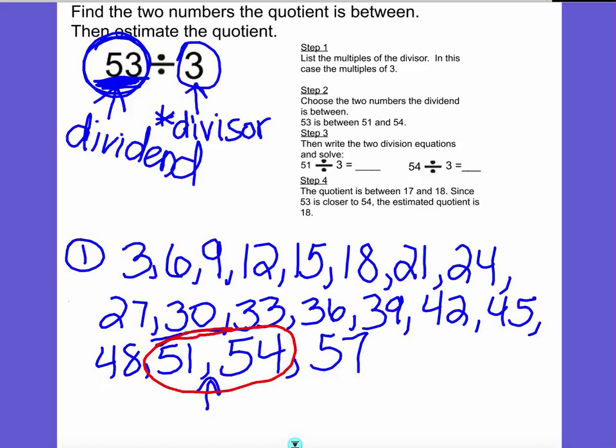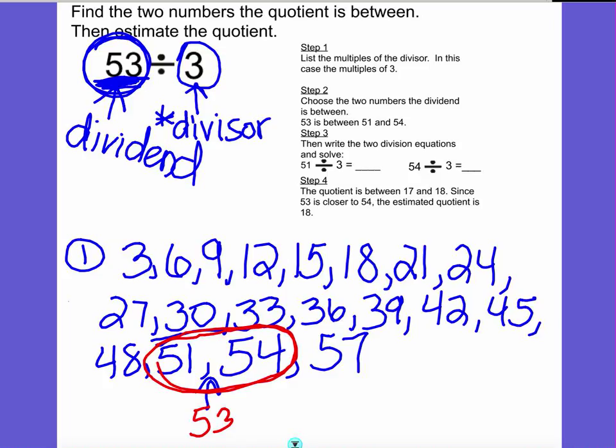I'm just noticing that 53 is in between 51 and 54. So I found the two numbers that I was looking for. It's 51 and 54.